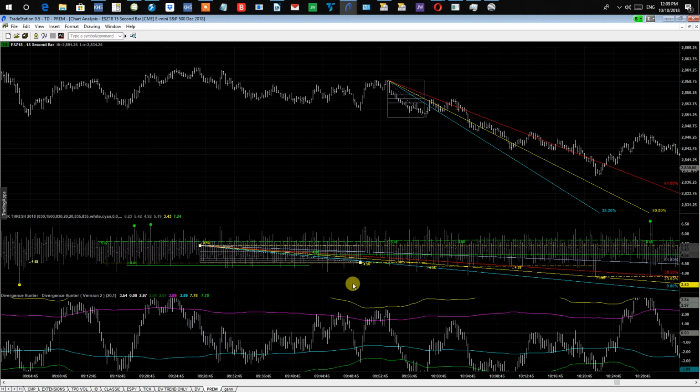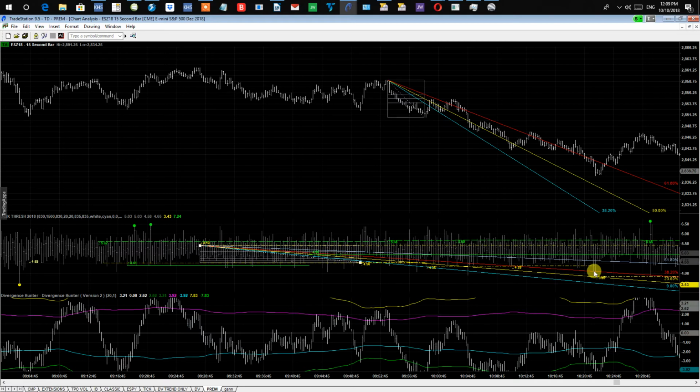Now we have a much better situation here and here and here. 543, 436, 436. We've got this pivot, this low, and this low, and this low. Amazing.